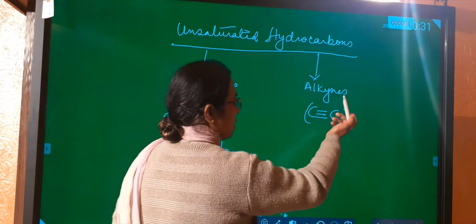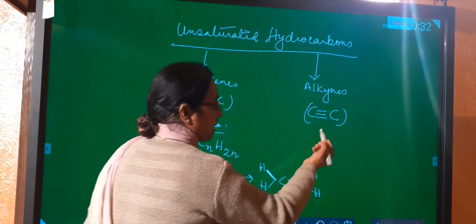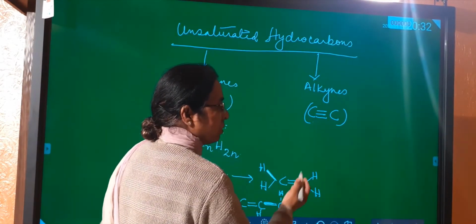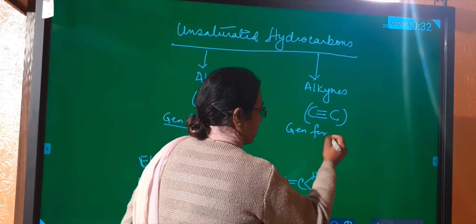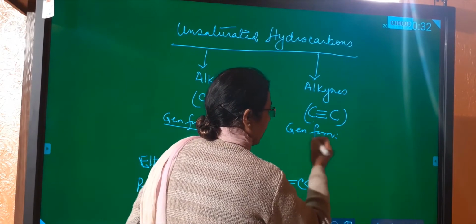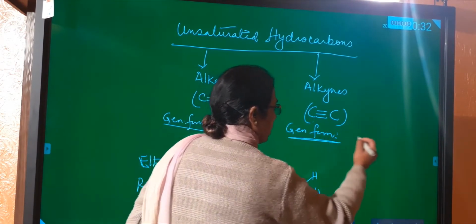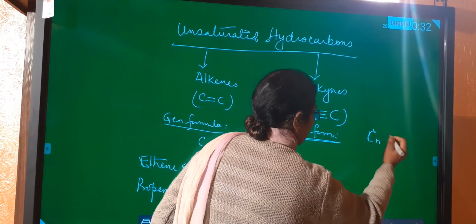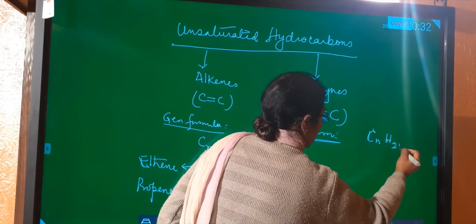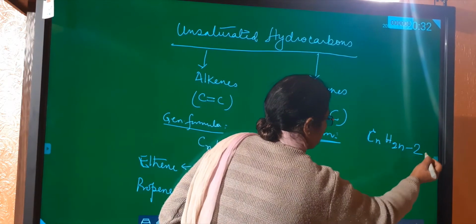Now let us see about alkynes. Alkynes will have a triple bond. So what will the general formula be? The general formula for an alkyne will be CnH2n minus 2.